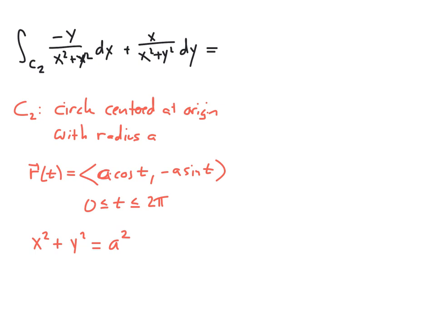Right? And so going back up here to the top, this line integral is going to be the integral from 0 to 2 pi of negative y. So negative y is going to be a sine of t over x squared plus y squared, which is a squared, multiplied by dx. So dx is going to be negative a sine of t.